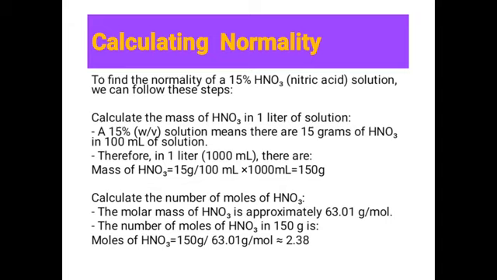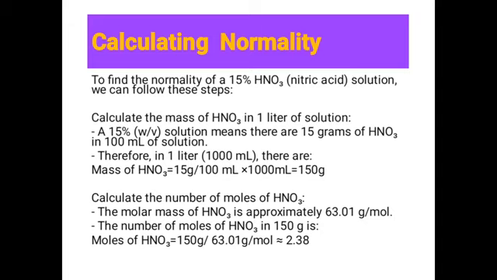If you cross multiply, you are going to have 15 gram over 100 times 1000, which is equivalent to 150 gram. So the mass of HNO3 will be 150 gram in 1000 ml of solution. So we have been able to standardize that.